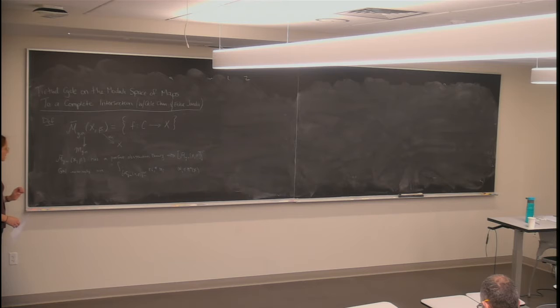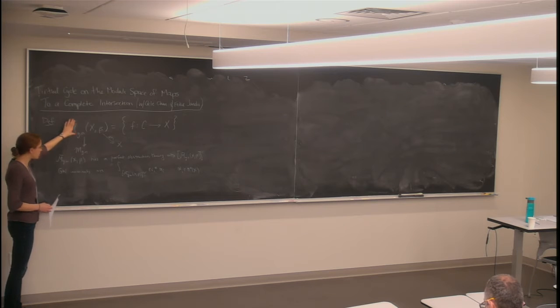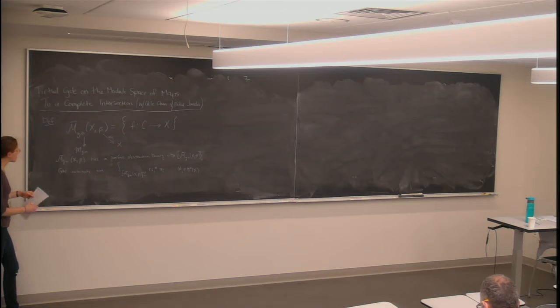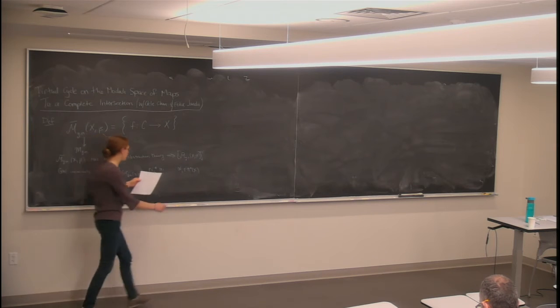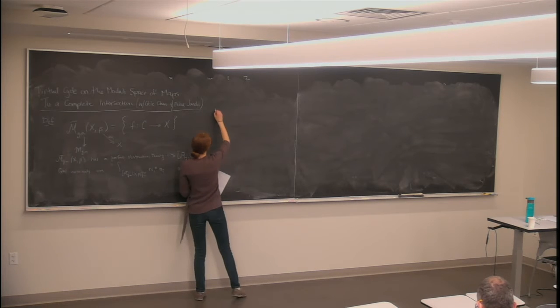So from my perspective, the objects I'm studying here are the moduli space and its virtual cycle. We have this theory of Gromov-Witten invariants, and both mathematicians and physicists are interested in actually computing these numbers.